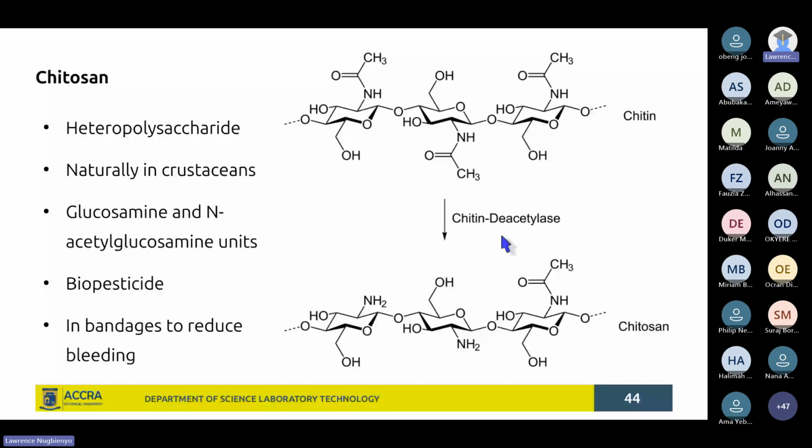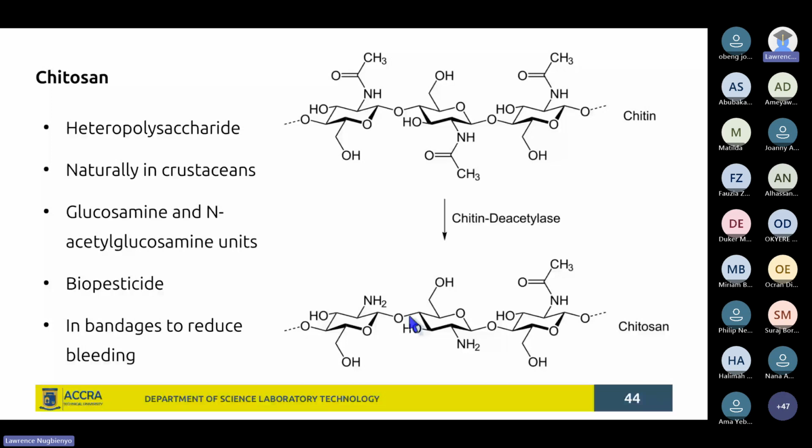And so you see that this acetyl group up there is removed, it's no longer here. You have an NH2. Here too, this acetyl group is removed. And so this glucose molecule too has just an amine group. And so in chitosan, you have N-acetylglucosamine and glucosamine. So that will be a heteropolysaccharide.